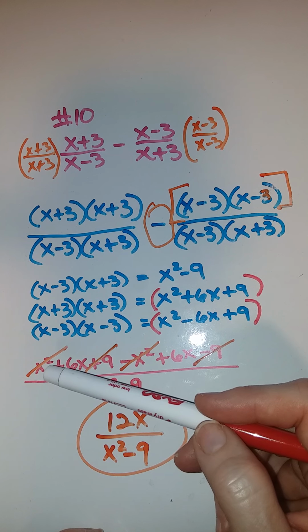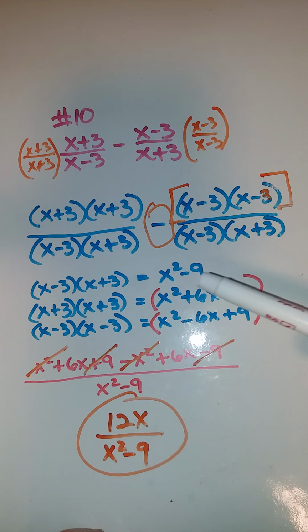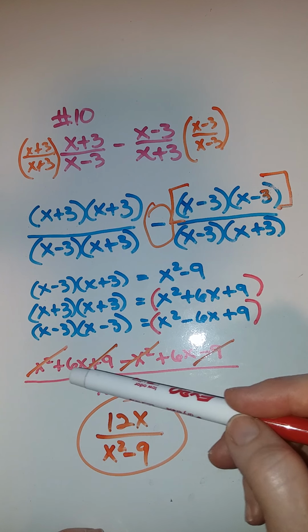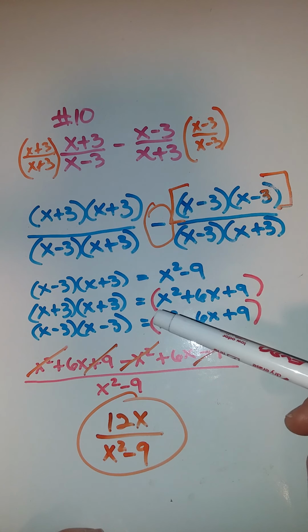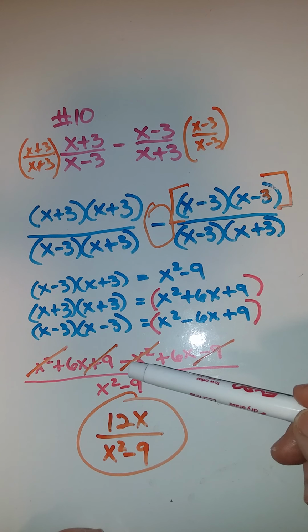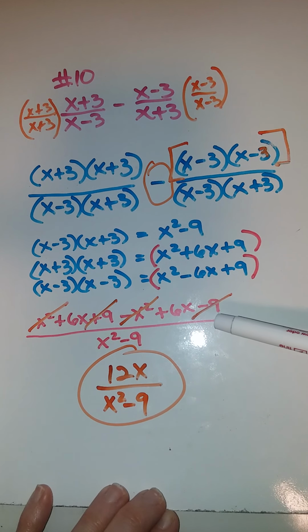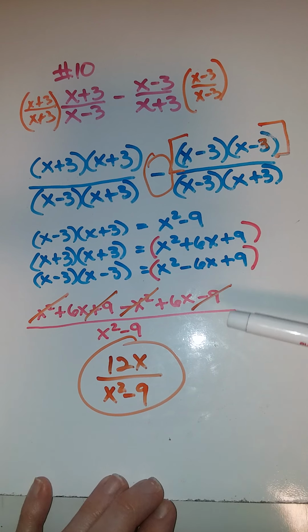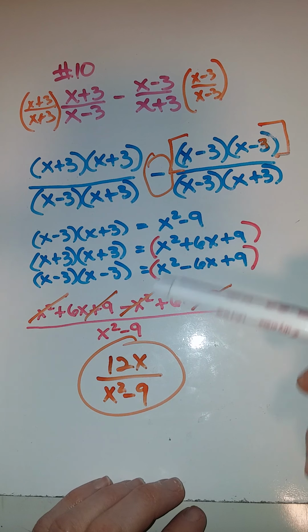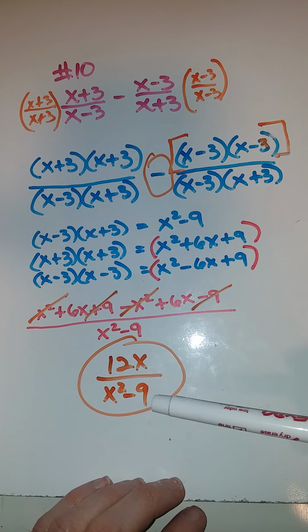So what we have in the numerator expanded is x squared plus 6x plus 9, and then we change the signs on this: minus x squared plus 6x, and then minus 9. Here, let's get that glare out of the way. All of that over the difference of squares, x squared minus 9.